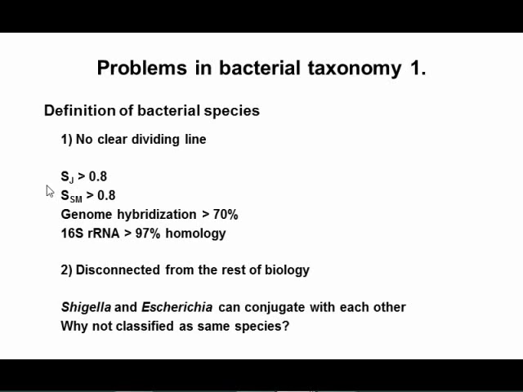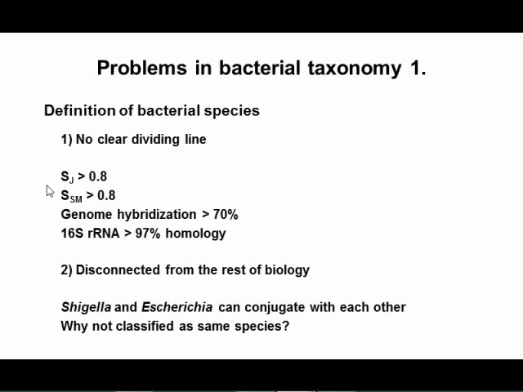You'll always have two bacterial isolates where, if you compare them, they'll have 96.9% rRNA homology. Do you put them in the same species? It's a little bit arbitrary. So defining bacterial species is difficult.